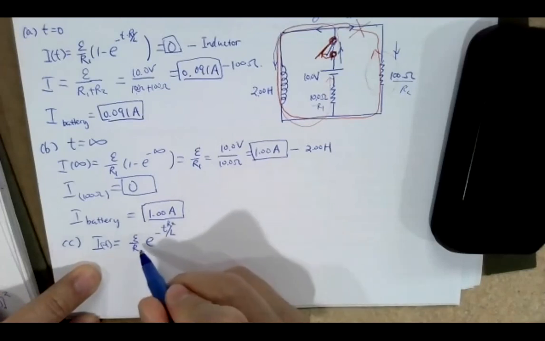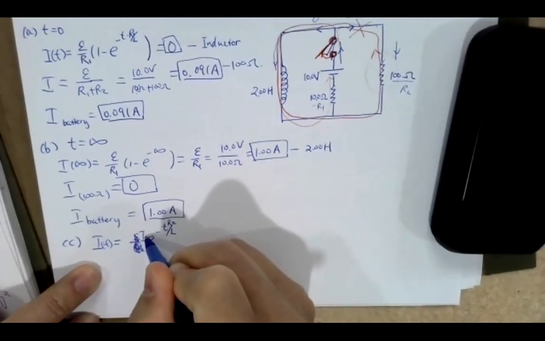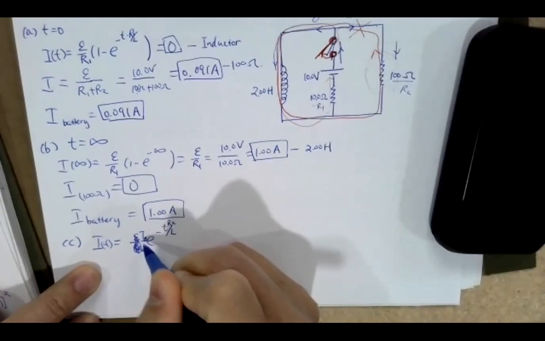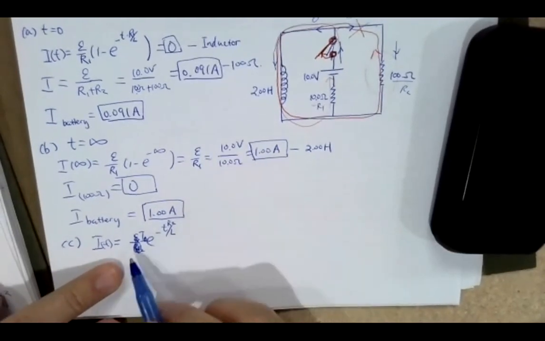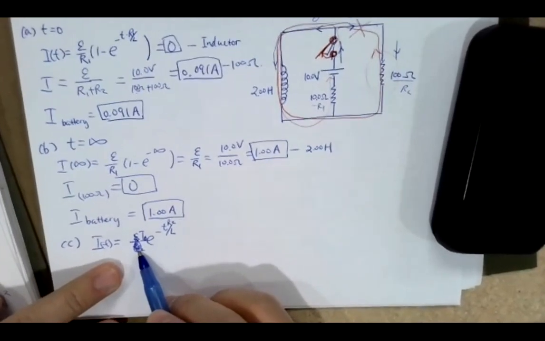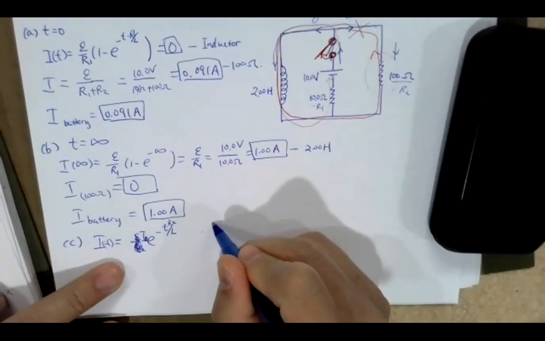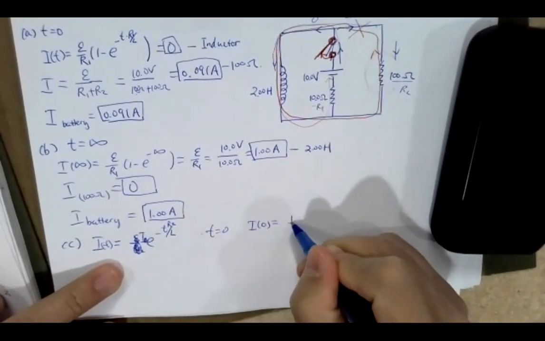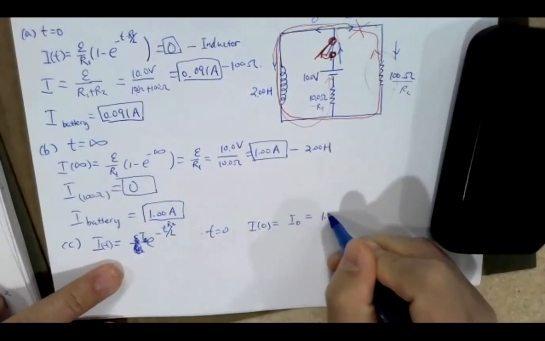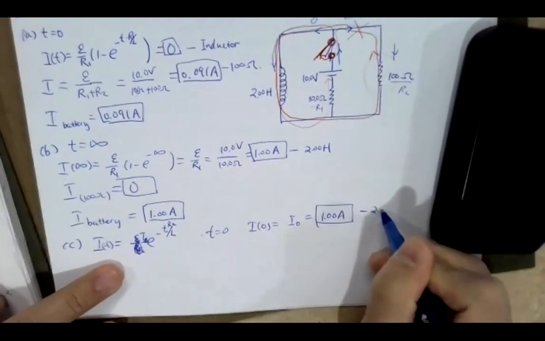Actually, we should just use the original current, I0. Because I0 is that. If you use R2, it's not going to be the same current. So when t is equal to 0, your I0 is equal to the initial I, which is 1 amp from this.